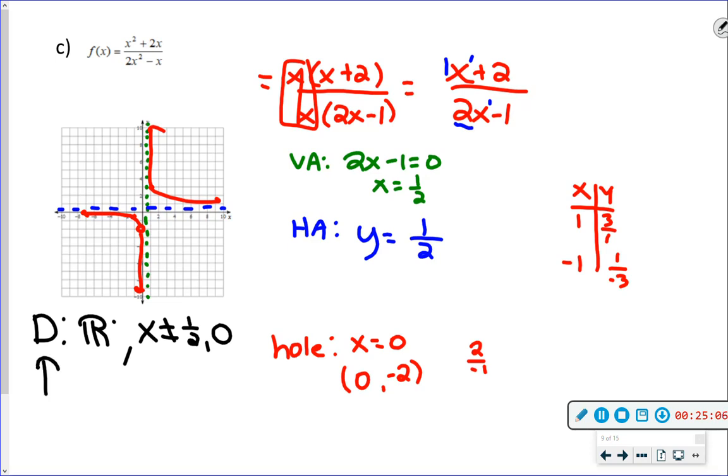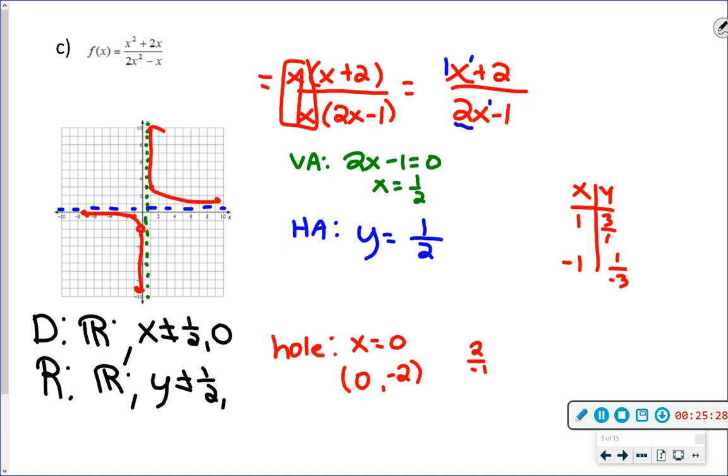Then, for the love of math, we need the range. So, lowest to highest. This is going to go all the way down to negative infinity. We got the asymptote, the blue line. I can't use a half. The red piece goes all the way above. So we can't use our asymptote, the blue line of a half.